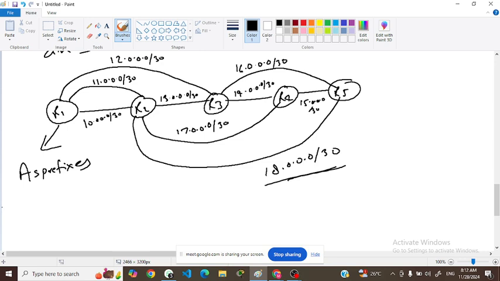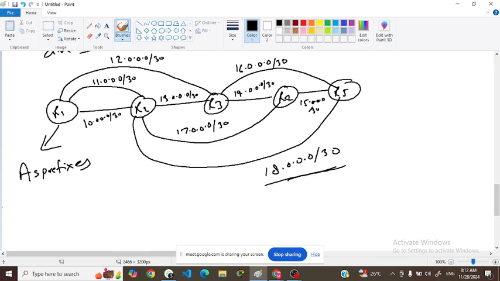Suppose we are in a data center or an ISP network. There will be a huge number of routers, even more than thousands, and you will also configure backup paths.